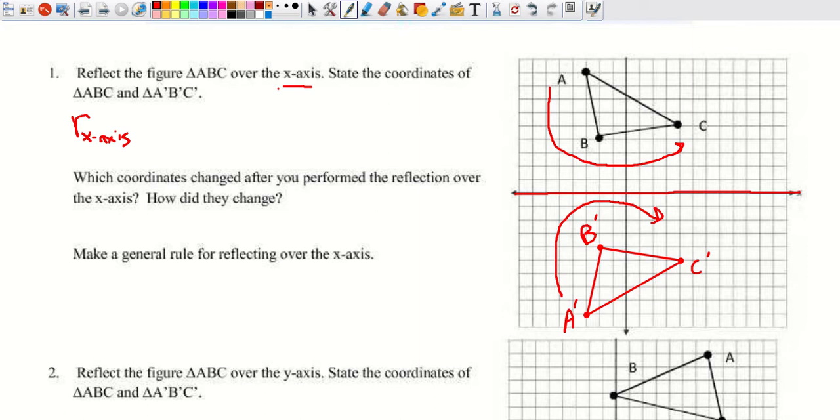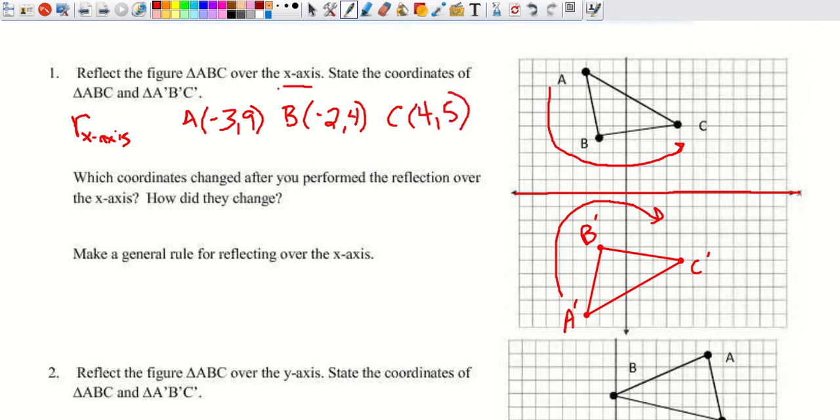Okay, so which coordinates changed? What are the coordinates of this? A has coordinates -3, 9. B has coordinates -2, 4. And C looks like 1, 5.